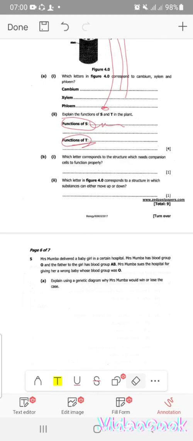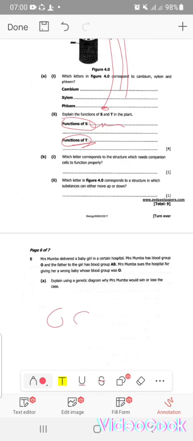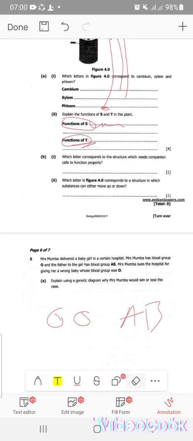Then you write the genotype, the genetic constitution of an organism, where the mother has these two alleles, then the father has those two. Even on the gametes, they have the same symbols.